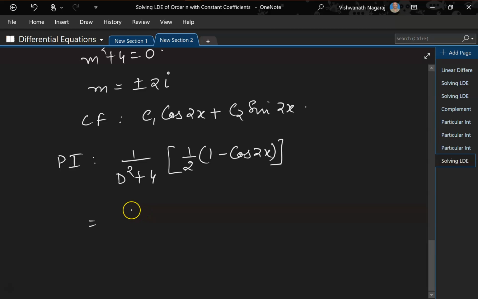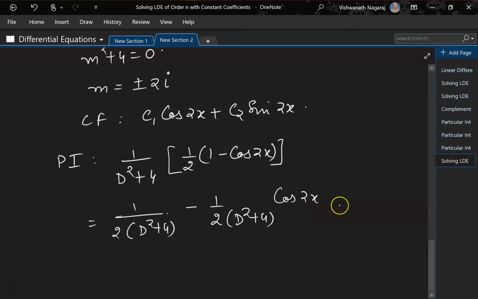Now this 1/2 can come out, and we can split it into two parts. So 1/(2(D² + 4)) · 1 minus 1/(2(D² + 4)) cos 2x.